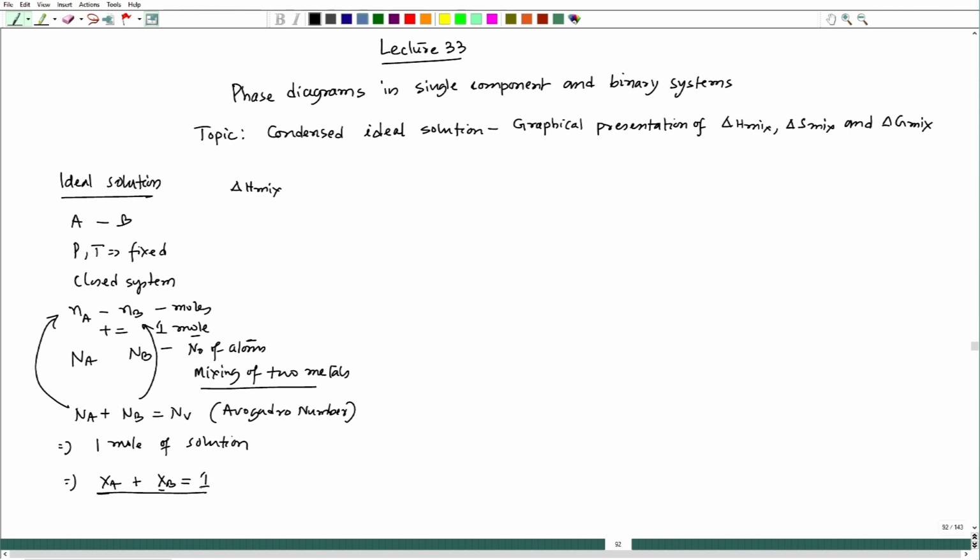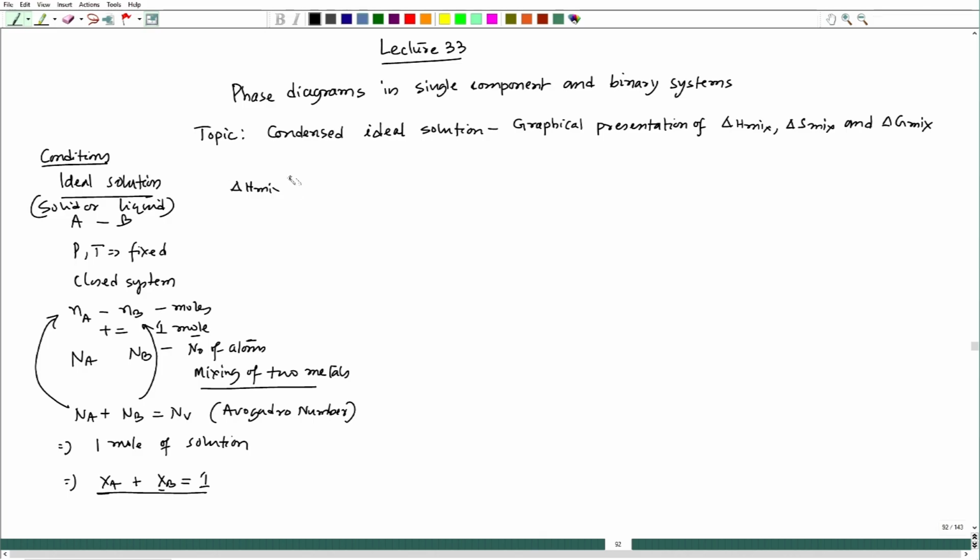Okay. So, those are the conditions we have taken, and this ideal solution is in condensed condition. That means either a solid or a liquid solution we are considering.